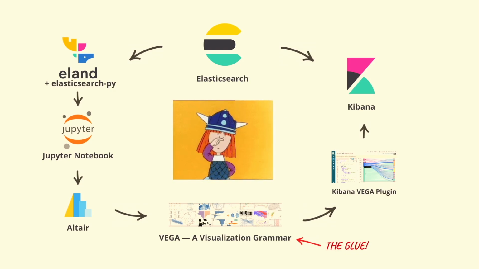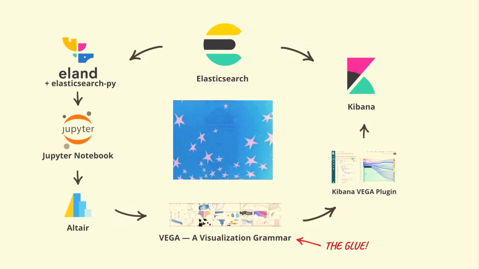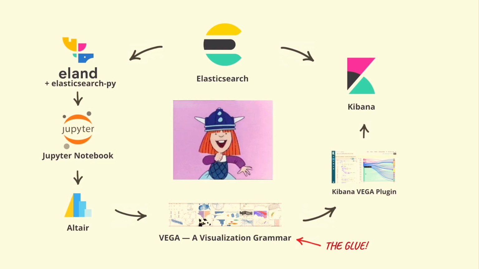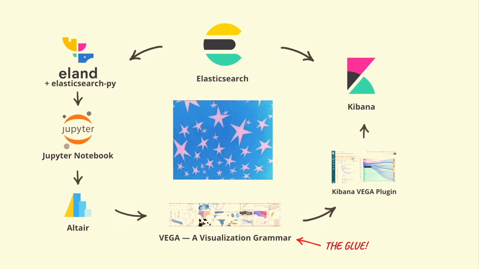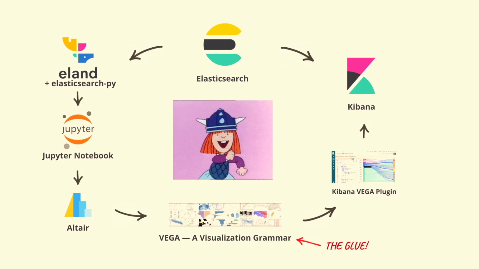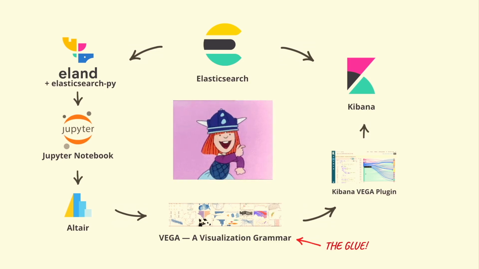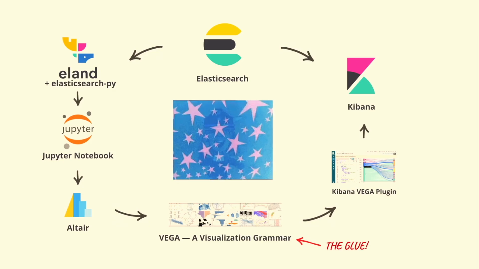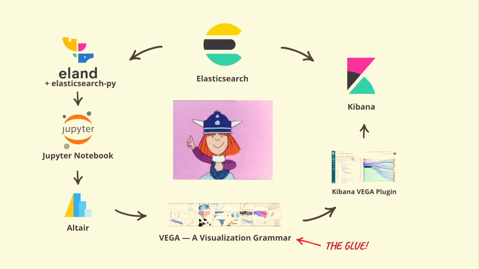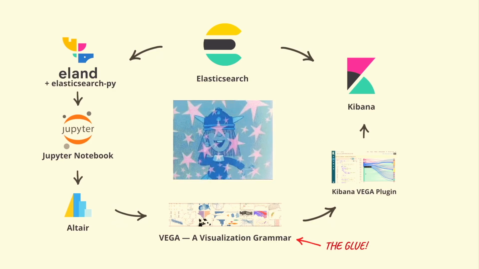The trick here is that for some time Kibana has an additional plugin for custom visualizations that's based on the Vega specification. So that's kind of the secret glue under the hood. We have Elasticsearch as our data store. On the one hand side, we have Kibana and our dashboards, and the Vega plugin that supports the Vega specification.